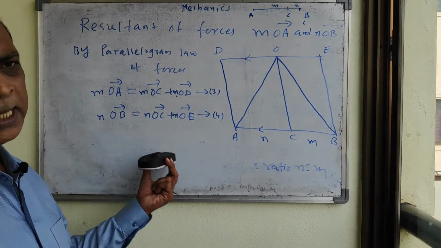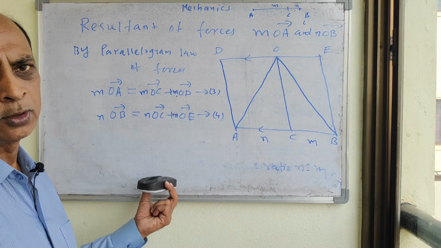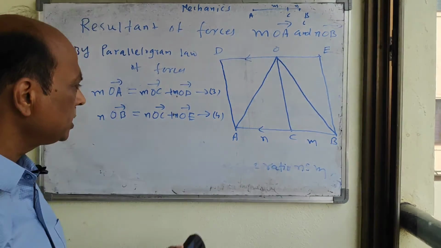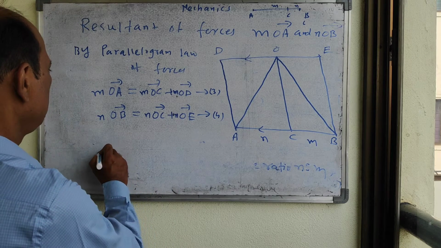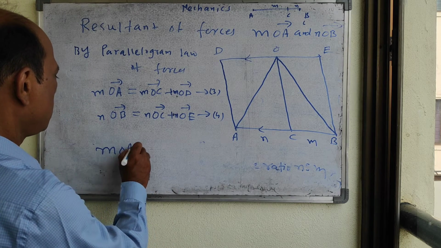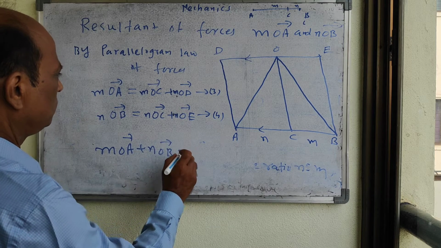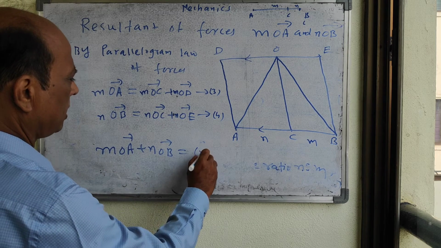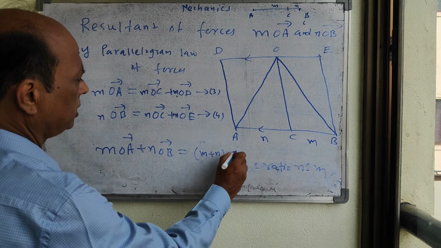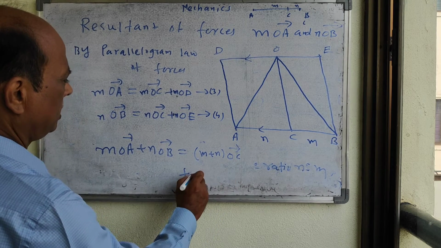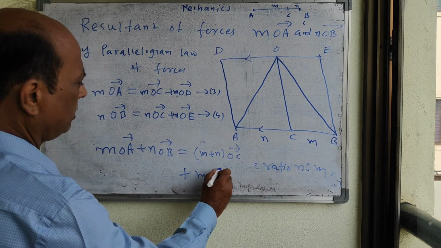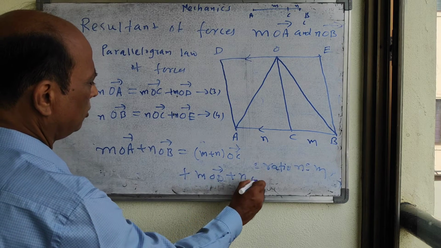Now we have to add these two equations. Adding these two equations, we get m OA bar plus n OB bar is equal to (m plus n) OC bar plus m OD bar plus n OE bar.